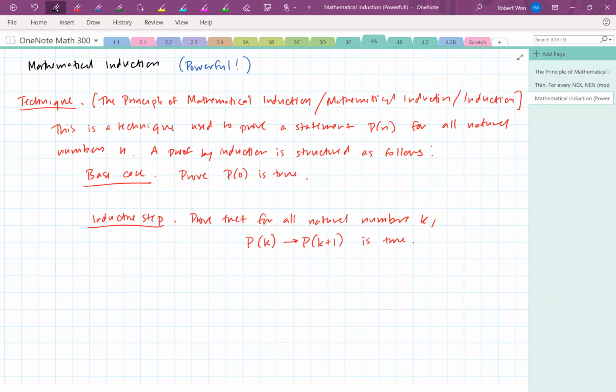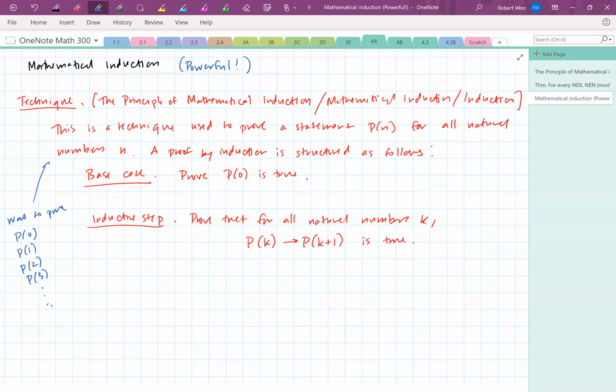Right, so in other words, what you want to prove is that P of 0 is true, and P of 1 is true, and P of 2 is true, and P of 3 is true. You want to prove that all of these things are true. But what the principle of mathematical induction lets you do is just prove two things.